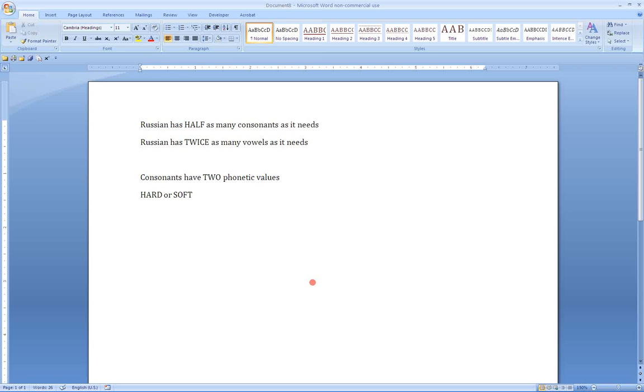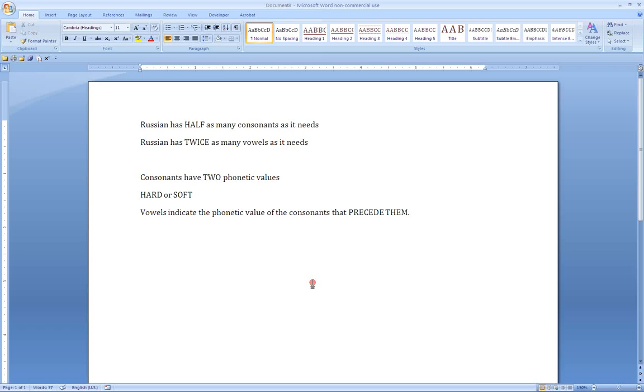And so you see that one of the functions of the vowel system in Russian is to indicate the value. Vowels indicate the phonetic value of the consonants that precede them. That is to say that a vowel points at the consonant. If there's a consonant before it, it points at that consonant and says, pronounce this consonant this way.